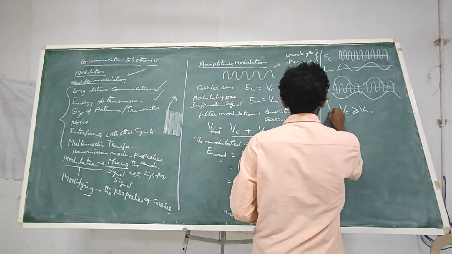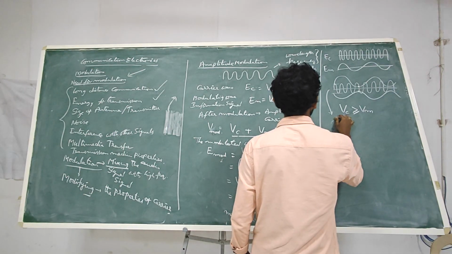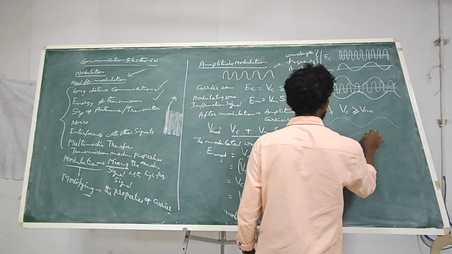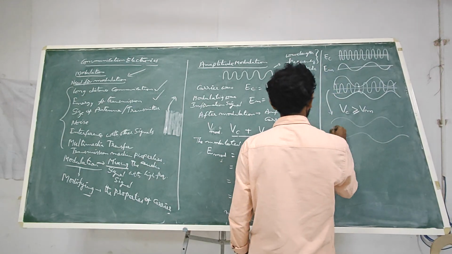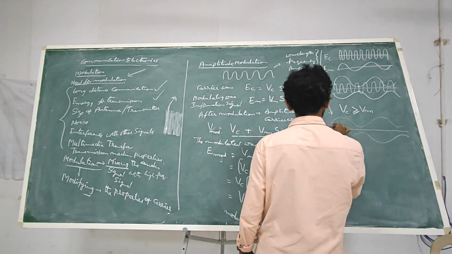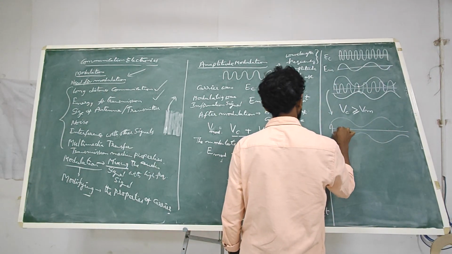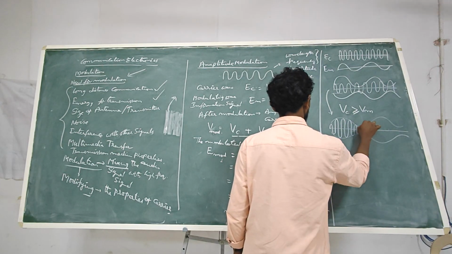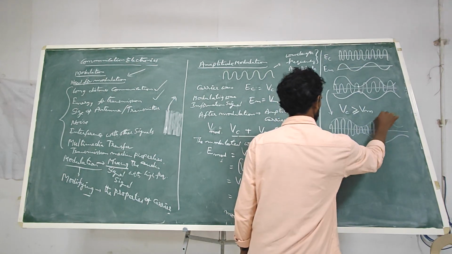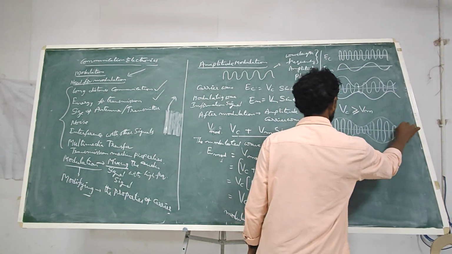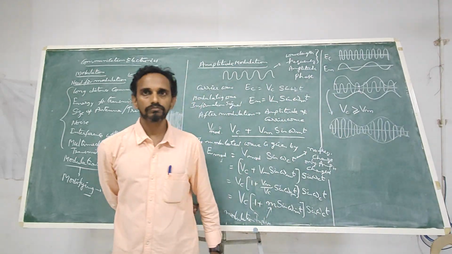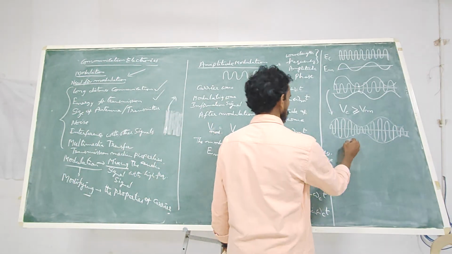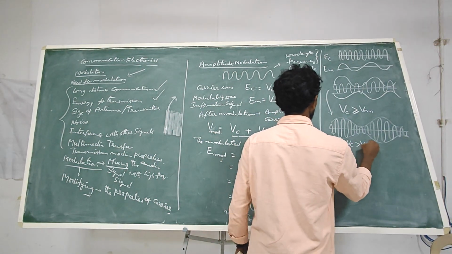So the final signal now becomes this. So we will have a profile. This is the case where Vc is greater than Vm.